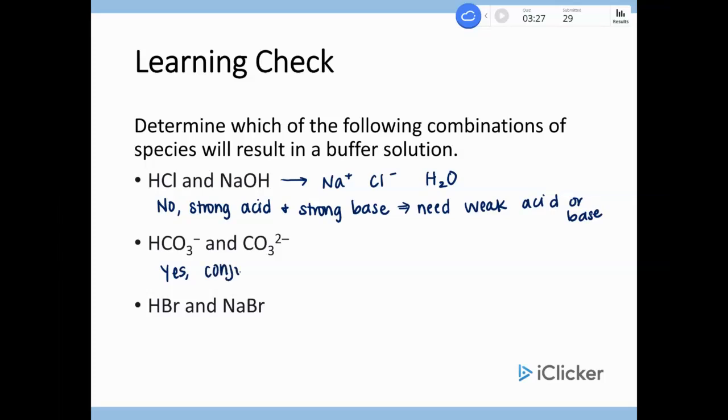This is a conjugate acid base pair. We have a weak acid and a weak base, so that can create a buffer solution.